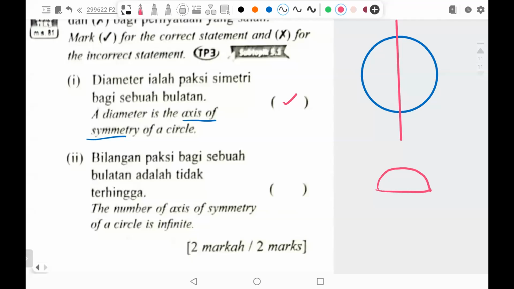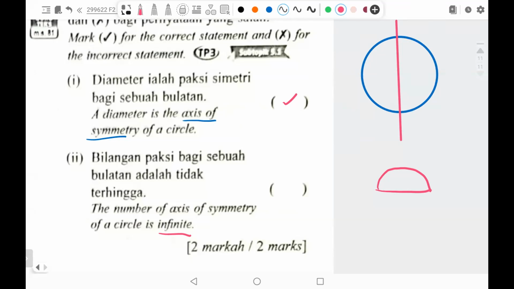If I want you to count the axes of symmetry of the circle, can you count for me? How many diameters can you form from the circle? 1, 2, 3, or how many? Infinite means uncountable. Too many until cannot count. That's what it means.